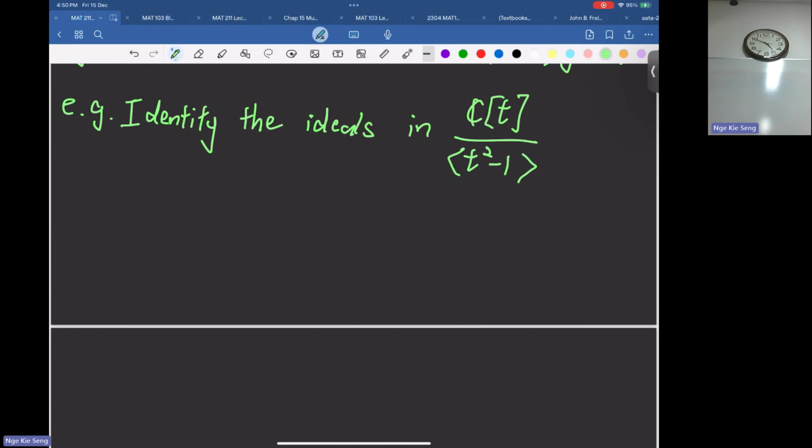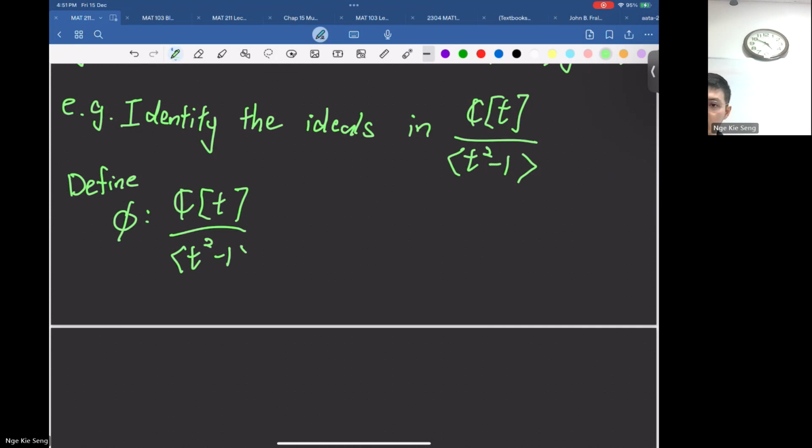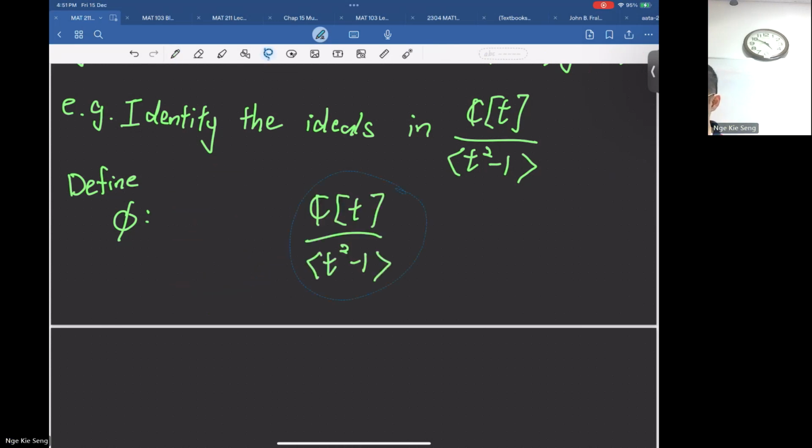So can you define a map that sends the ideal to 0?